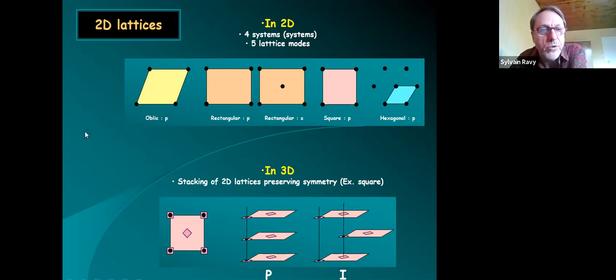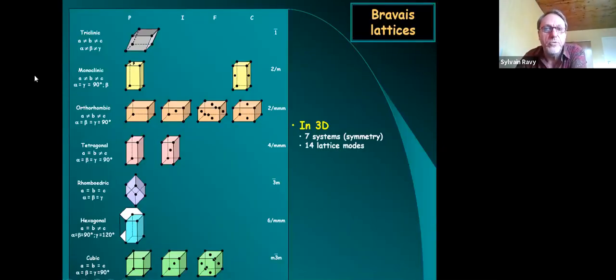And if you do that properly, you obtain these famous Bravais lattices. So there are 14 lattice modes, which are classified in 7 systems according to their symmetry.